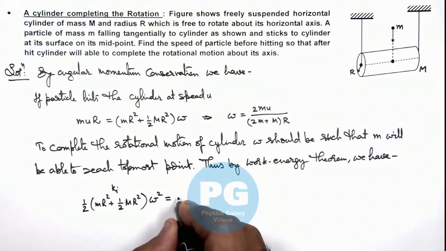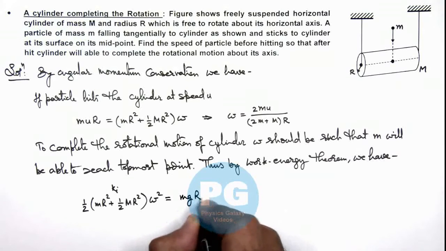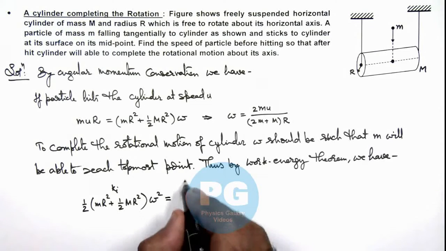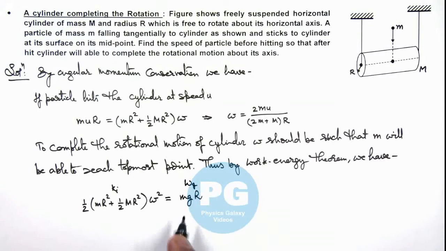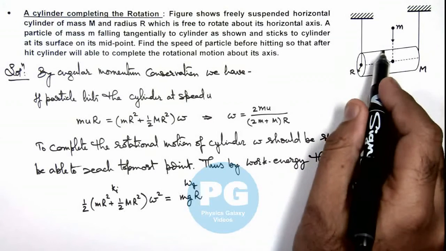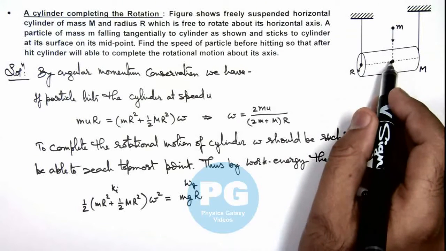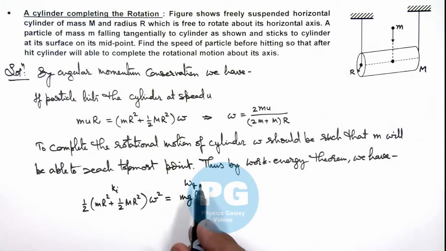So we write it equals mgr, or minus mgr is equal to 0. So this is the work done against gravity, due to which the whole kinetic energy is transformed to the gravitational potential energy of this particle when it reaches the top. Afterwards it falls down and it completes the rotation.